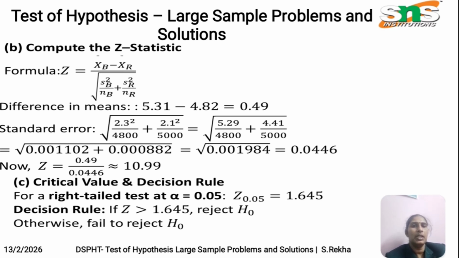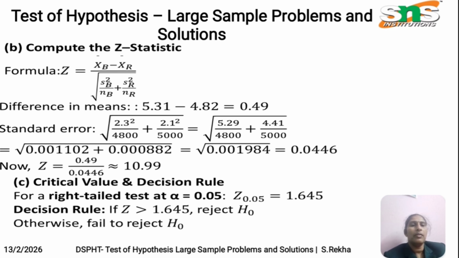The mean difference is 5.31 minus 4.82, which is 0.41, whereas the standard error we can represent as the root of 2.3 whole square over 4800 plus 2.1 whole square over 5000, and if we simplify we get 0.044. Here the z value is obtained by substituting 0.549 divided by 0.0446, which is equivalent to 10.99.